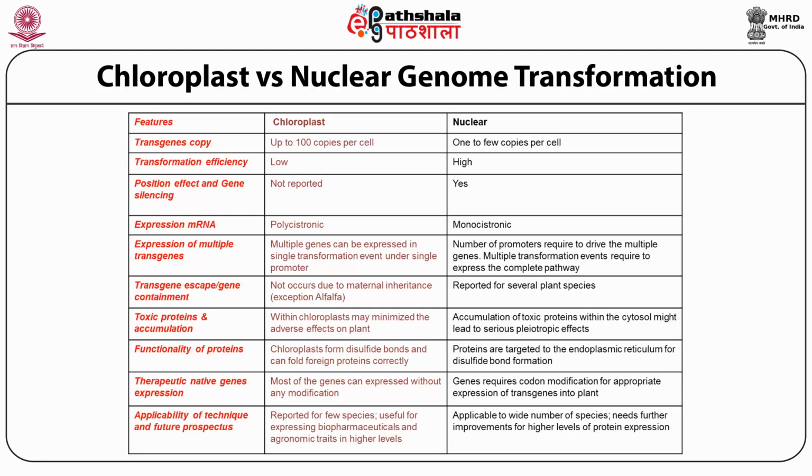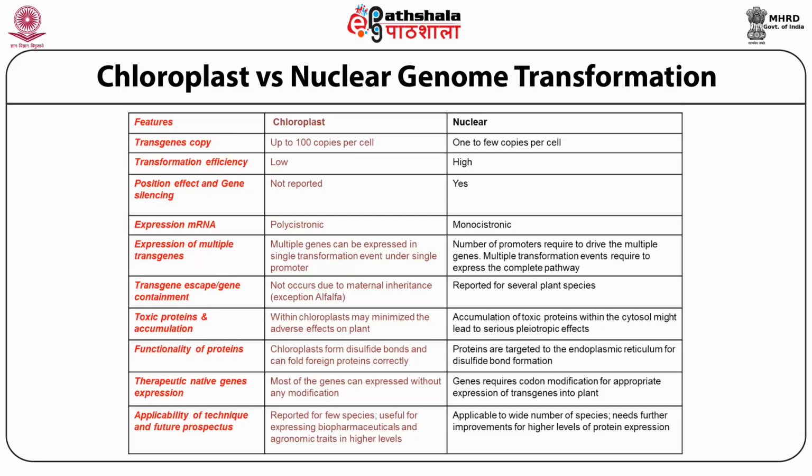But in monocistronic expression, you need one promoter for one gene. So if you have to express multiple genes, you need multiple promoters. That's called one gene, one mRNA. So there's a big difference: the chloroplast expresses multiple genes under one promoter, producing long mRNA strands.